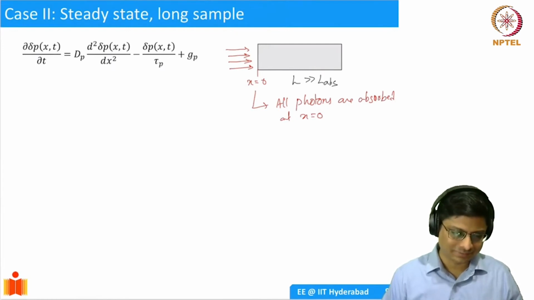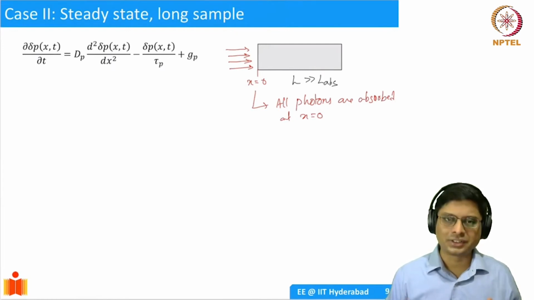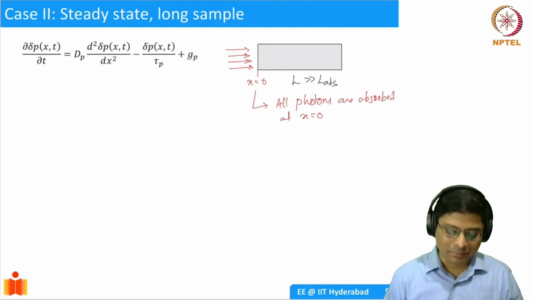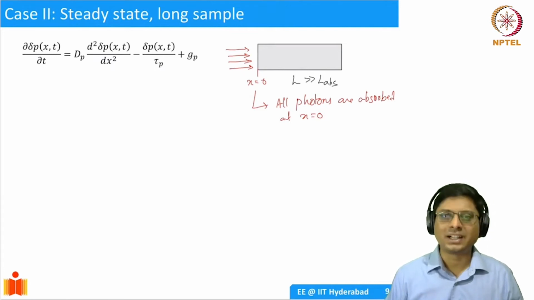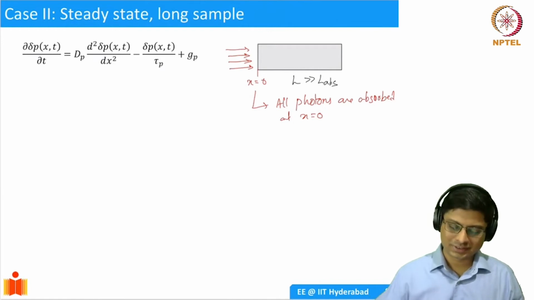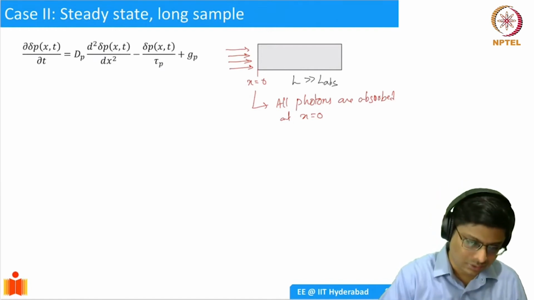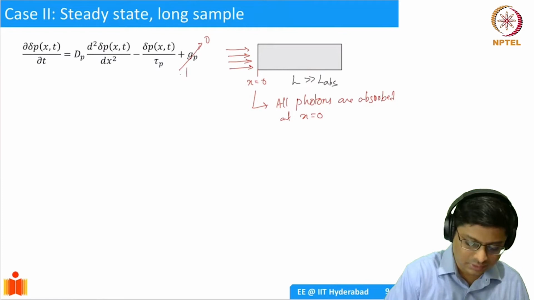So what happens? You turned on the light and you want to watch what happens. One important point is we are simplifying the problem. We are assuming that the light is not penetrating into the sample, so there is no generation within the sample.